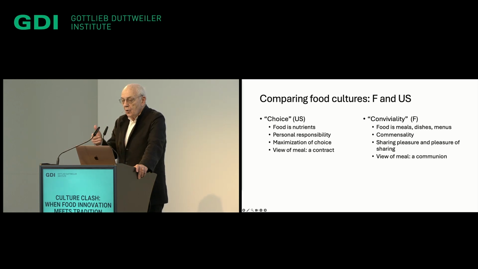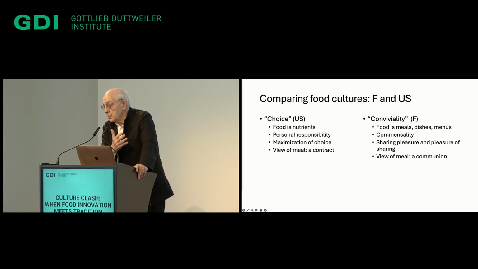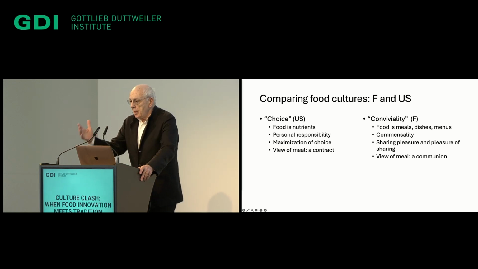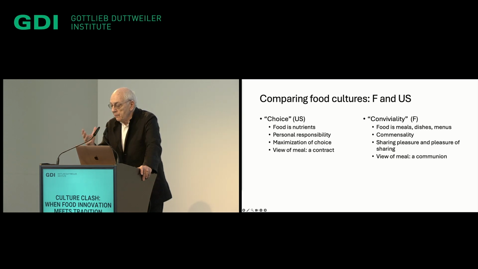The French or the English or the German we speak today is different from the one we spoke in the 18th, 19th, 20th century, or even 10 years ago. Intonations, expressions, all this evolves and changes. And it's the same with food cultures, but they tend to remain identifiable.